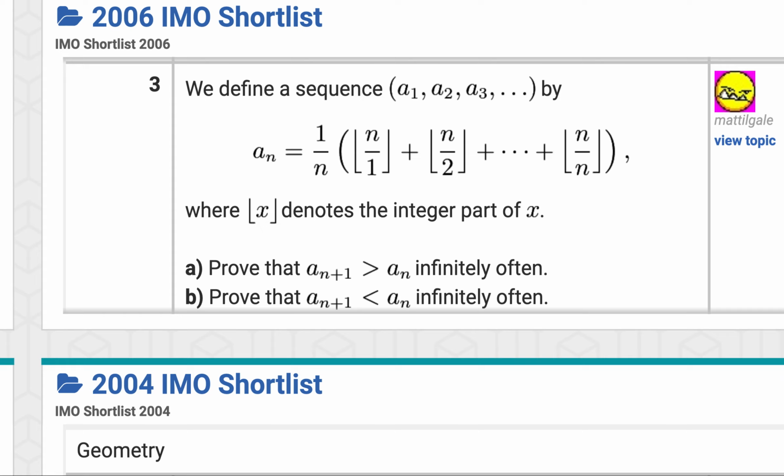Anyways, if we could just get most of the divisors, most of them to be okay. Actually, that might actually work. Since floor of n over 1 is greater than or equal to n over 2, floor of n over 2 is greater than or equal to n over 3.